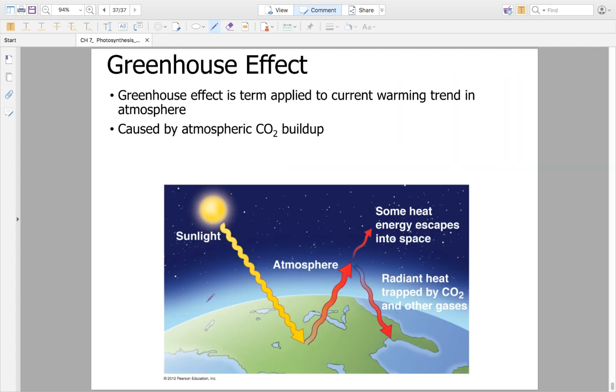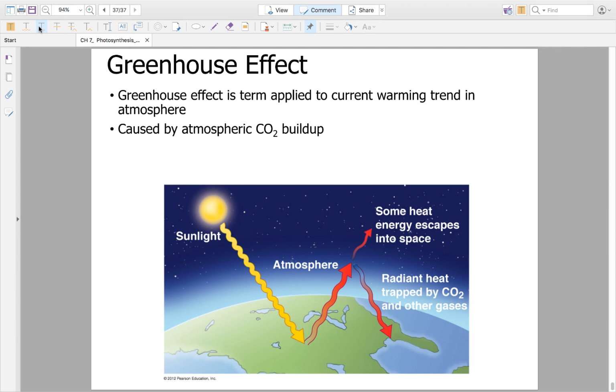Okay, now let's talk about some pretty important aspects. This is a huge issue right now across the world on our planet. So we're having something called the greenhouse gas effect, global warming, and the reason why is pretty straightforward. I'm going to keep it simple here.